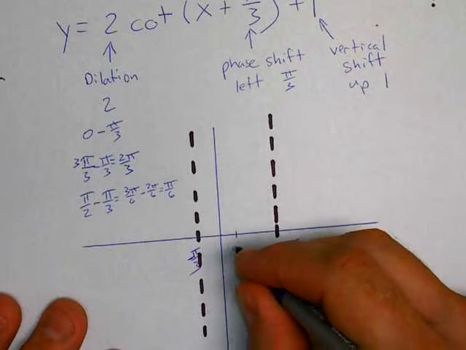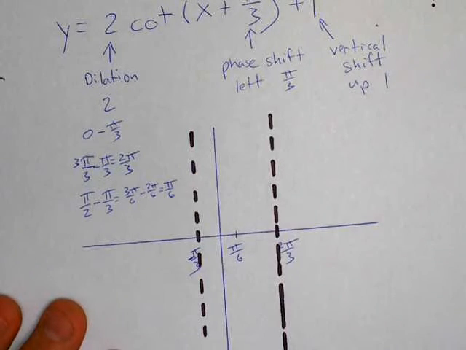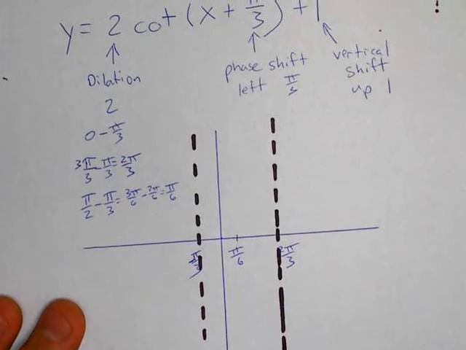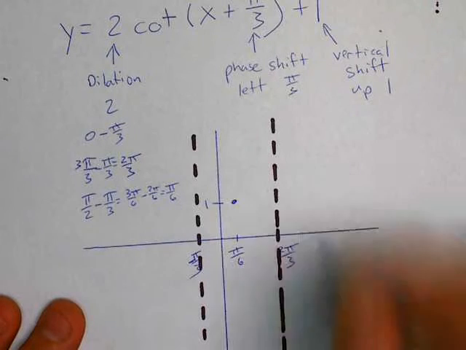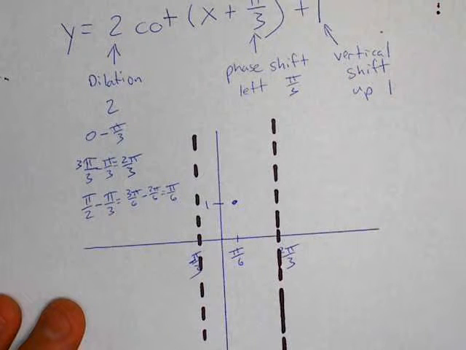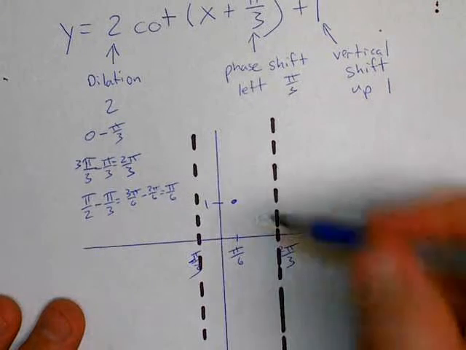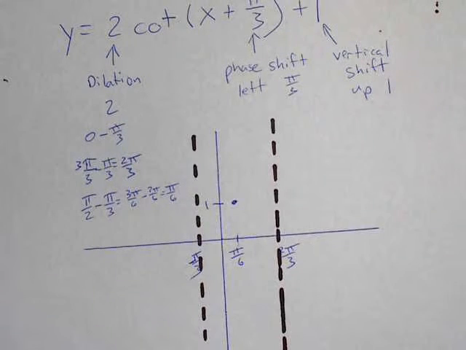And that's where the center of this graph is. So I've shifted it. I'm going to move it up 1, and then that's the new center of my graph. Okay? So I've shifted negative pi over 3, and I've gone up 1. Okay, I've got the new center of my cotangent graph.